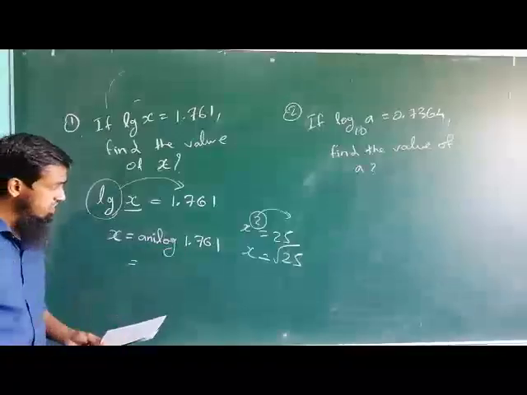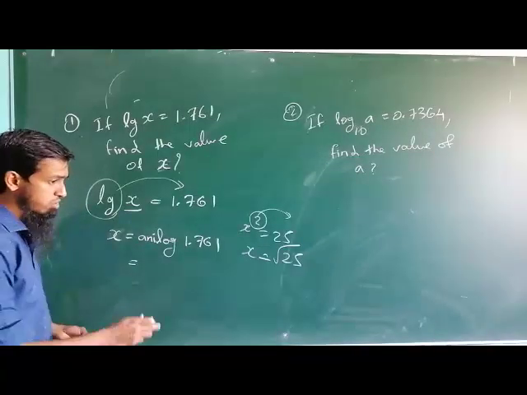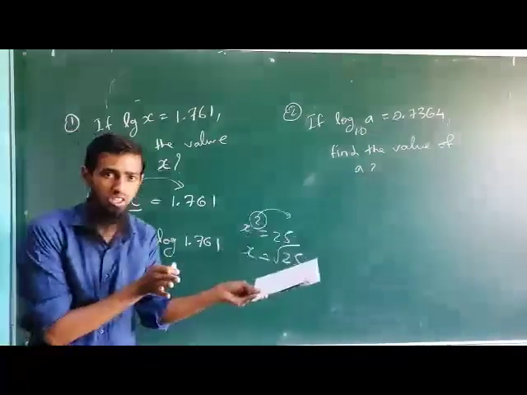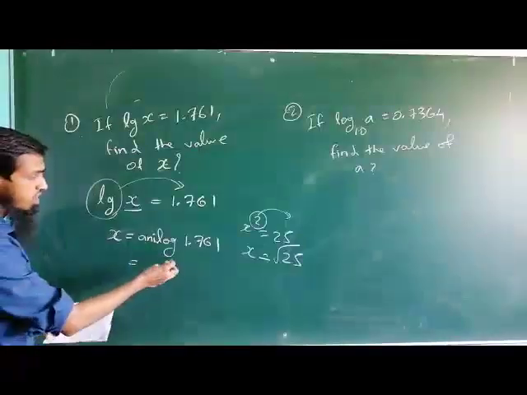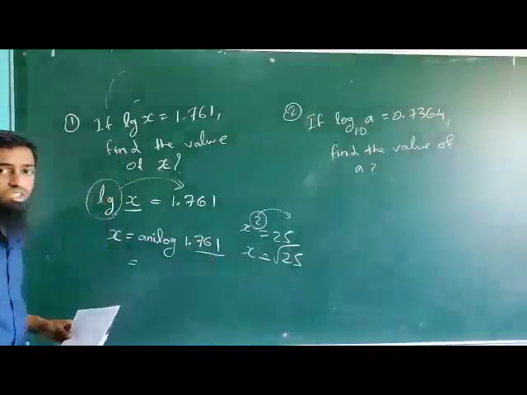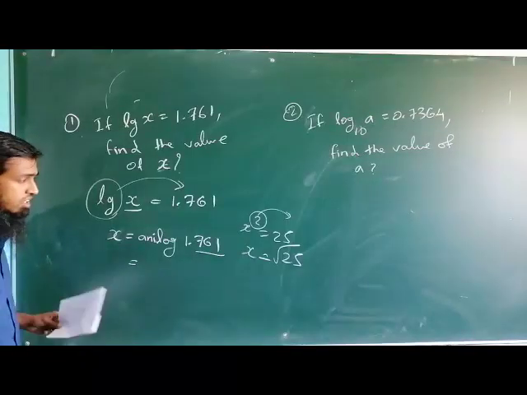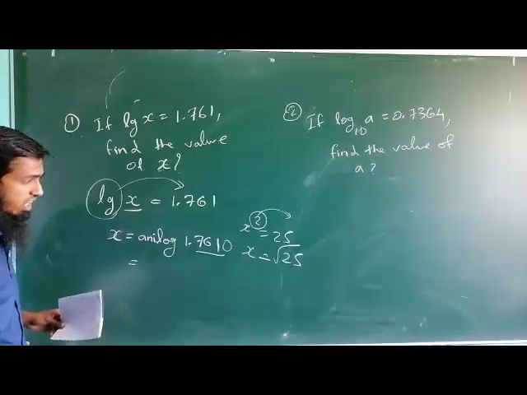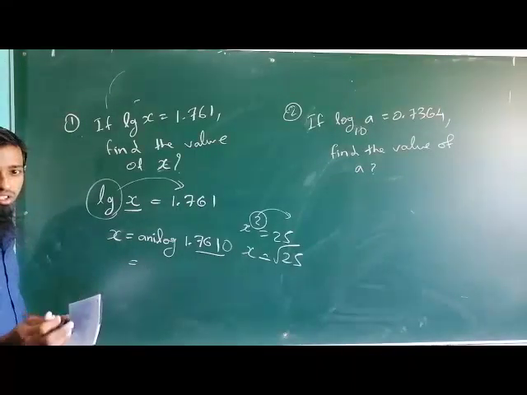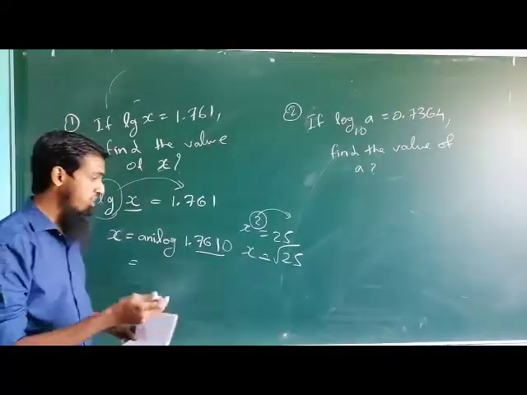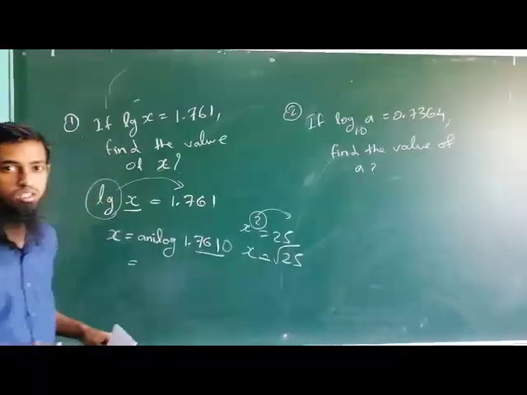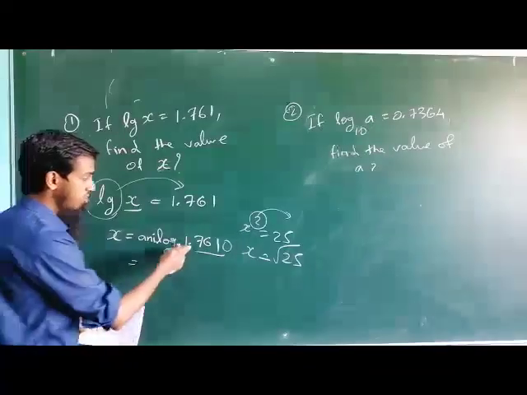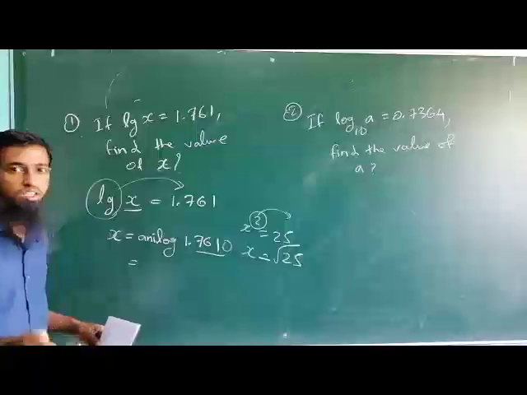So we need to find 761. Always we have a 4-digit number, but here we have only 3 digits. So what about the 4th digit? We can add zeros for that. If you don't have any numbers after the decimal, you can add zeros.